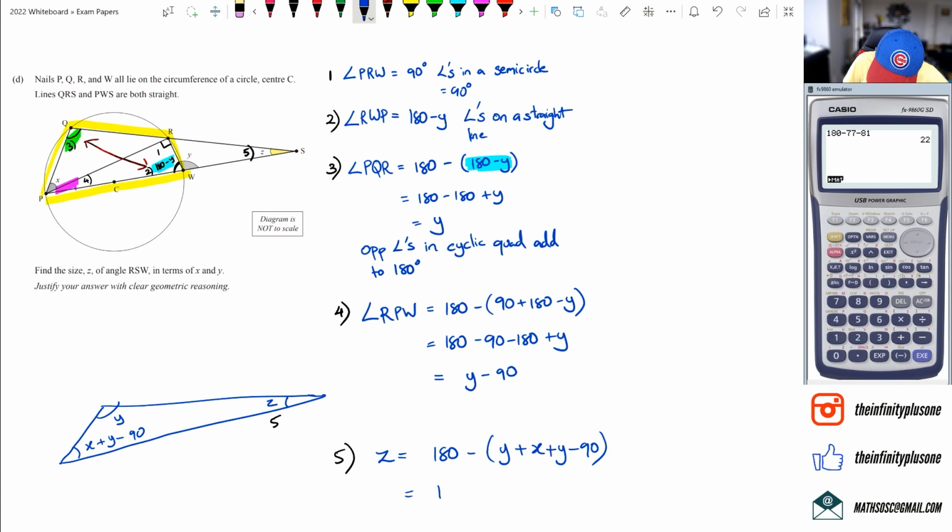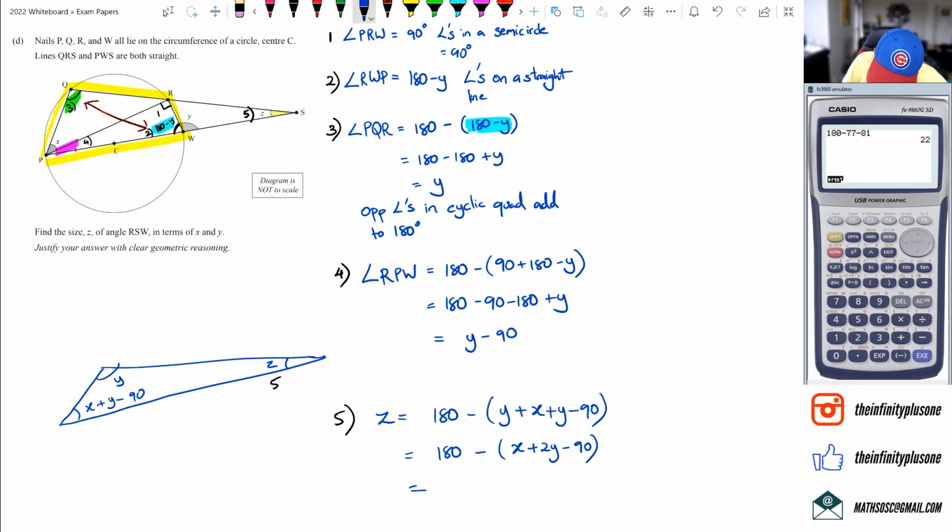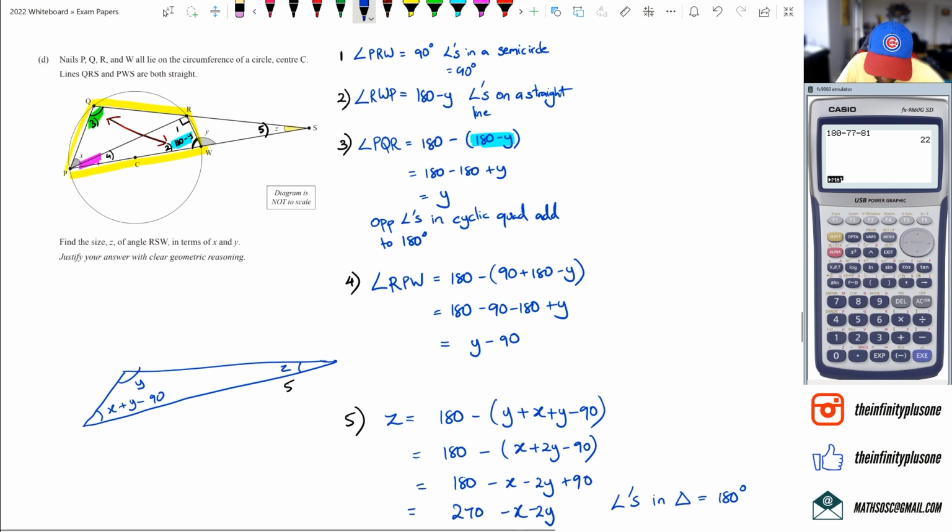Expanding the brackets, put everything together first: we've got X plus 2Y minus 90. And then 180 take away X, take away 2Y plus 90. What we've got here is 270 minus X minus 2Y. And the reason is angles in a triangle equal 180 degrees.